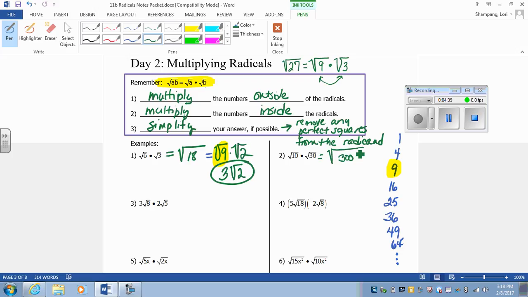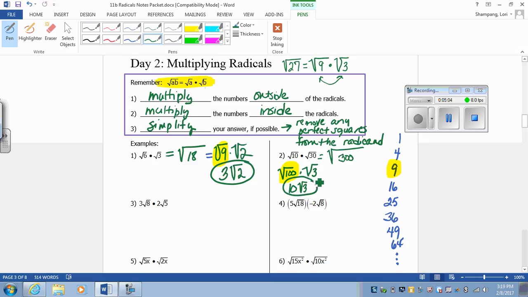Well, I know exactly which one I'm going to pick. I'm going to pick the square root of 100 times the square root of 3. Now, I have a perfect square in 100, so I'm just going to simplify. The square root of 100 is 10 and the square root of 3 is already in simplest or lowest form.